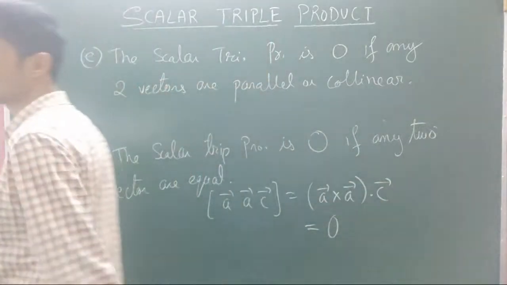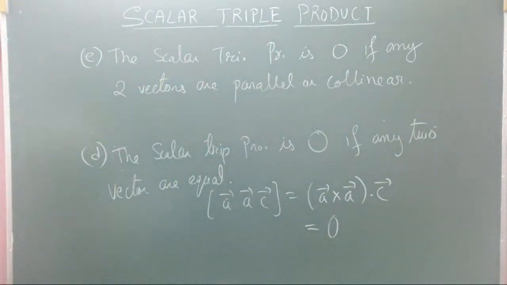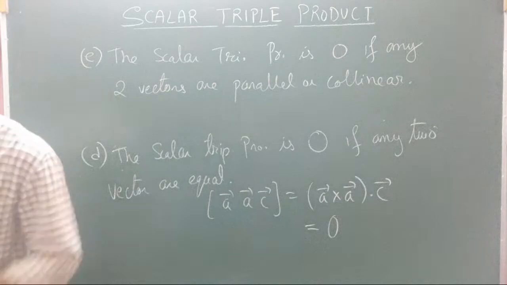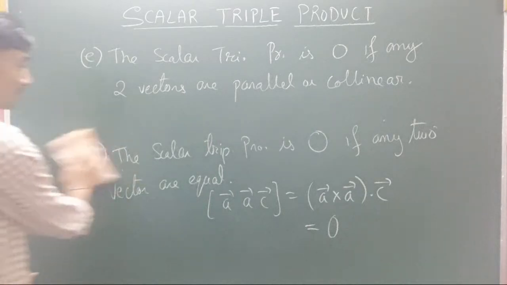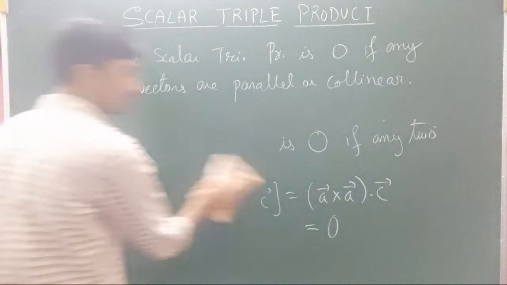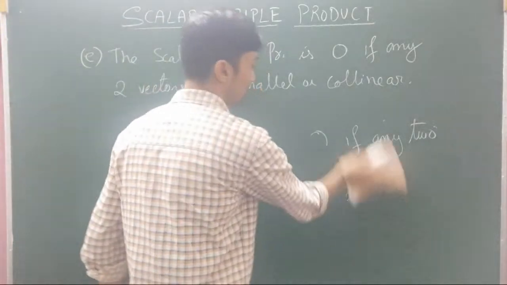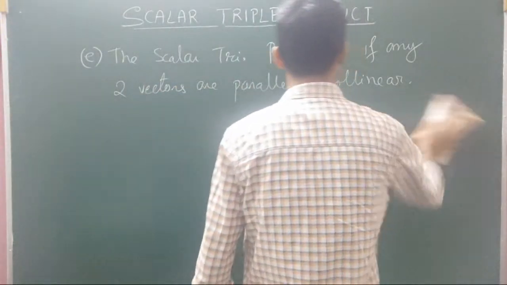That's again because of the cross product concept. If any two vectors are parallel or collinear. Got it? Alright. Okay. The last property, and the most important property with respect to the exercise that we are going to be solving.